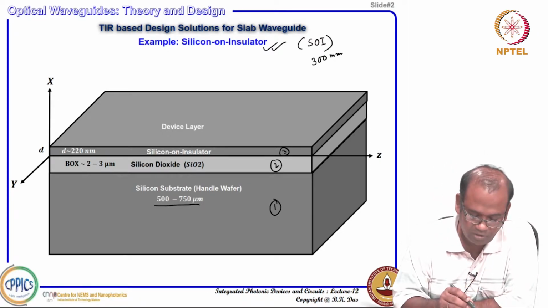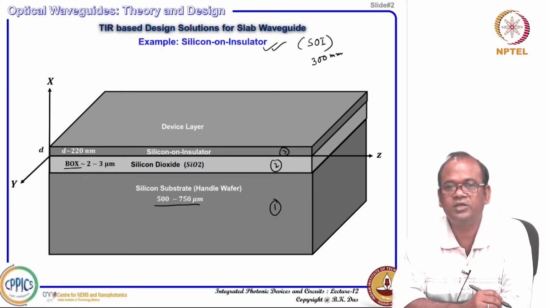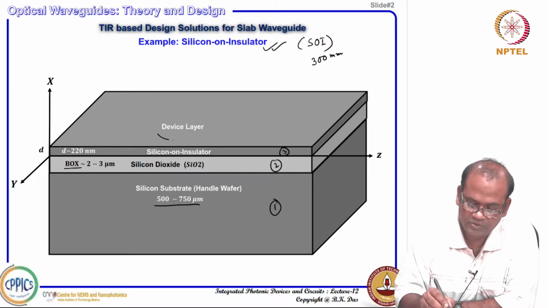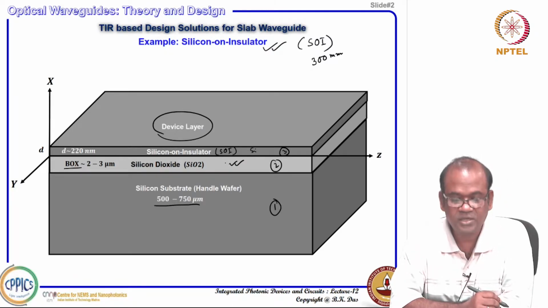And then you have a buried oxide layer, 2 to 3 micrometer typically. It is basically silicon dioxide, and on the top is your device layer, called silicon on insulator. This is the layer called SOI. This is crystalline silicon, and the insulator is silicon dioxide.